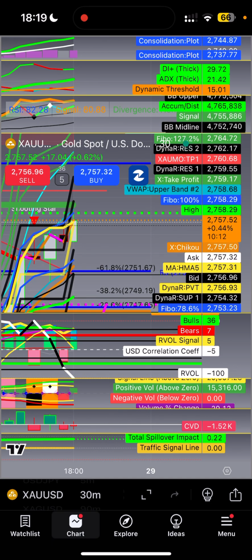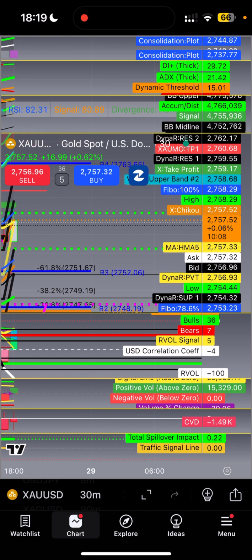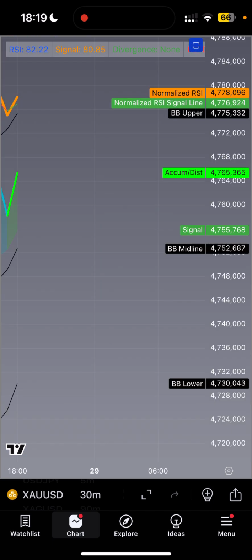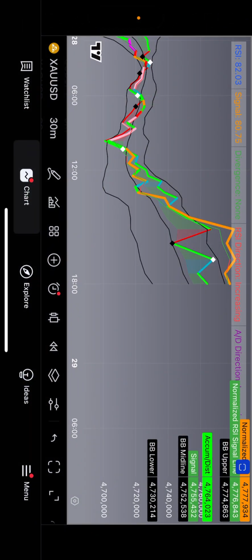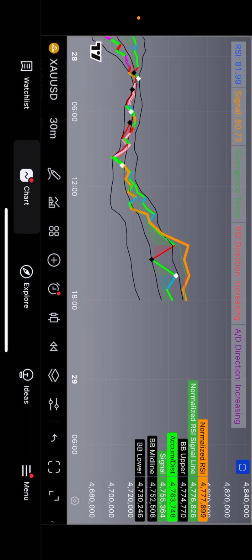What you need to watch is something I want to share with you. I hope it will open here. Yes, here it is. This is the accumulation line and the RSI.